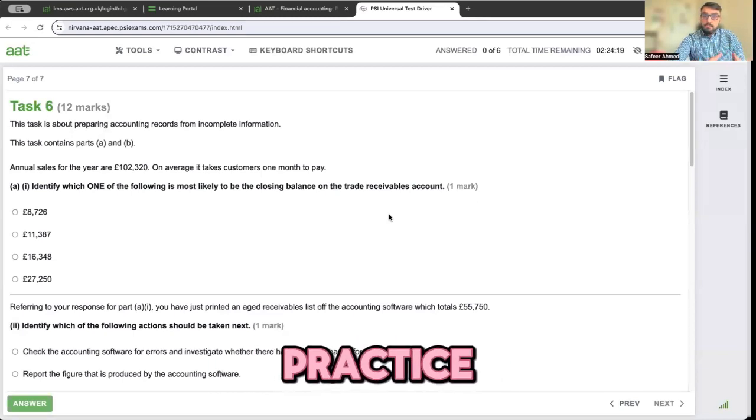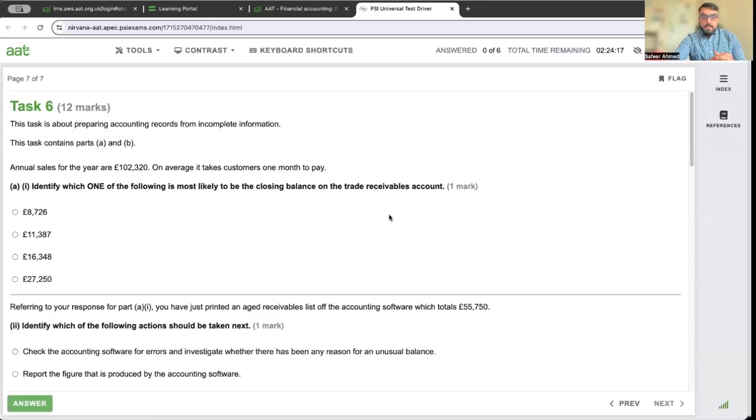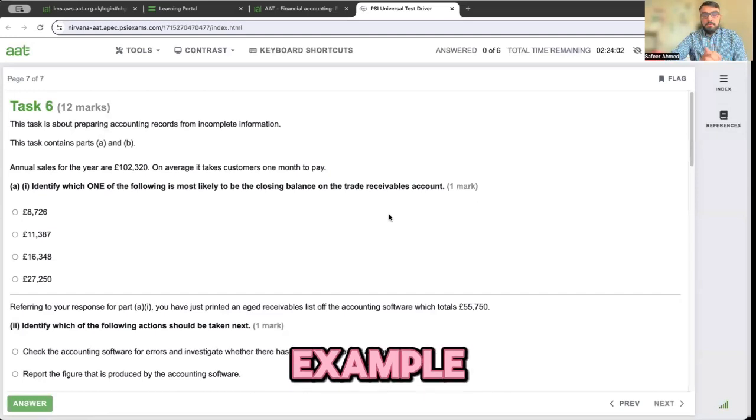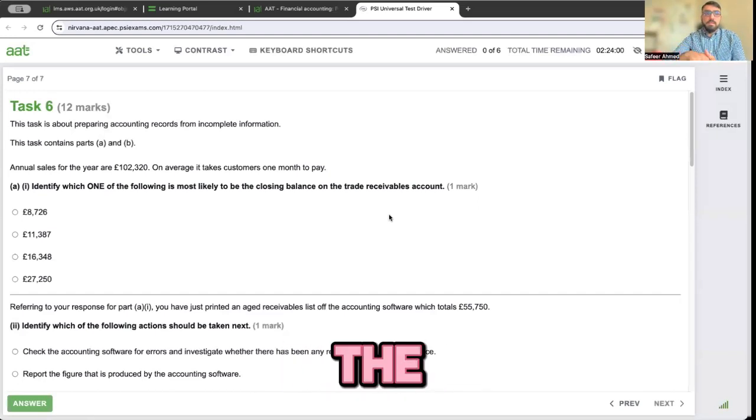Now, in practice, this can happen, where a client comes to you and says, I do not have all of the records, but this is what I have. I know my sales, but I don't know my cash, for example, the total cash for the year.